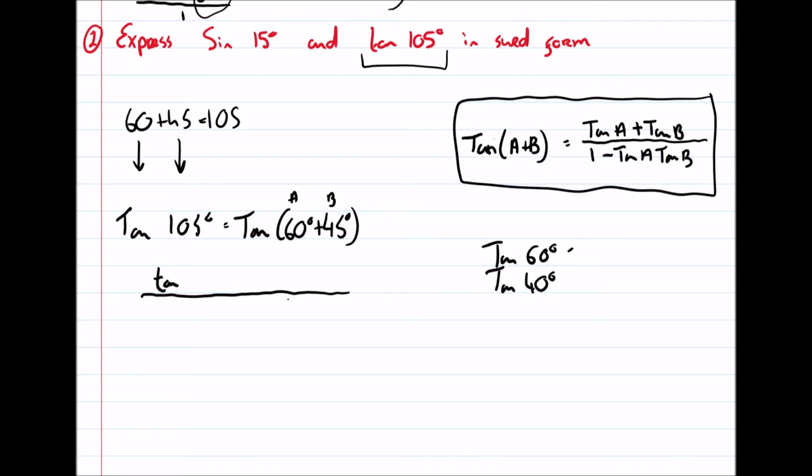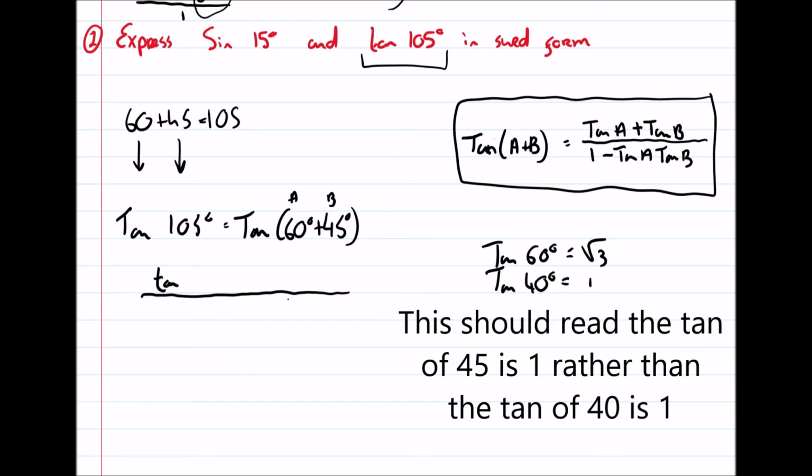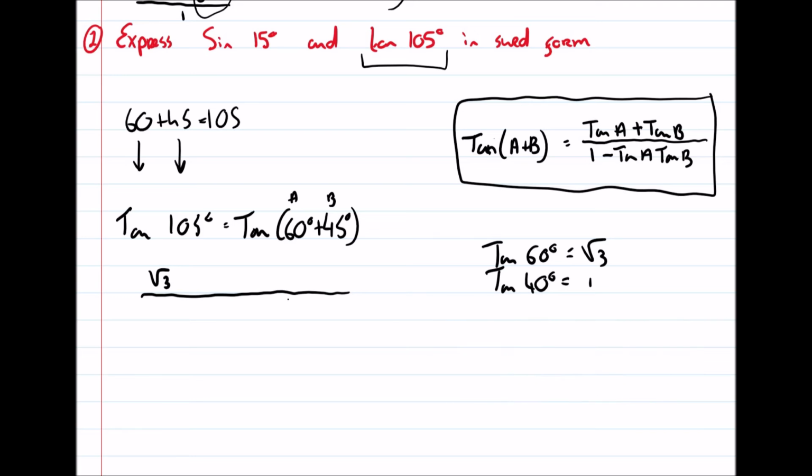So in our logbooks, that's root 3, that's 1. So the tan of A is root 3 plus the tan of B, which is 1.